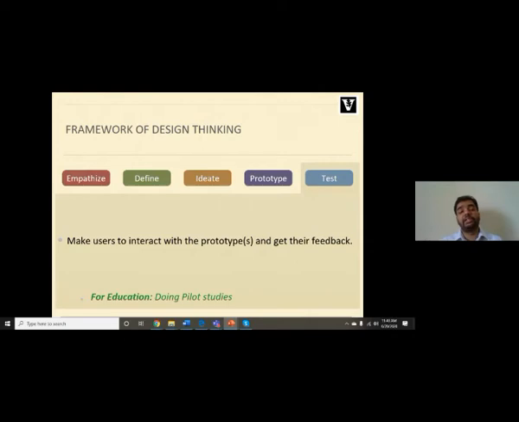In addition to that, their feedback will obviously tell us a lot about what is working and what is not working in our prototype. And then we can decide whether to change something in our prototype, or whether to change something in our idea, or maybe whether we have to change something in our problem definition itself.